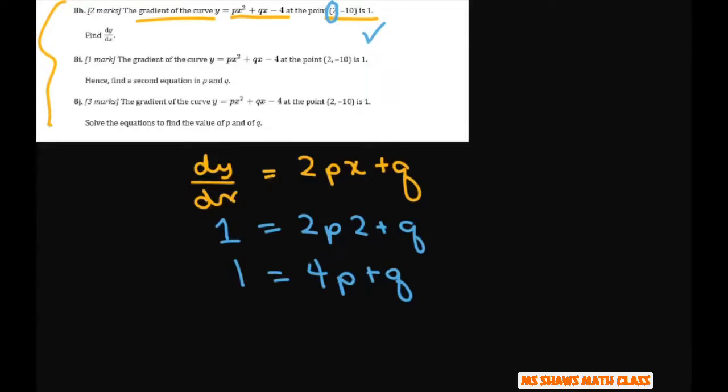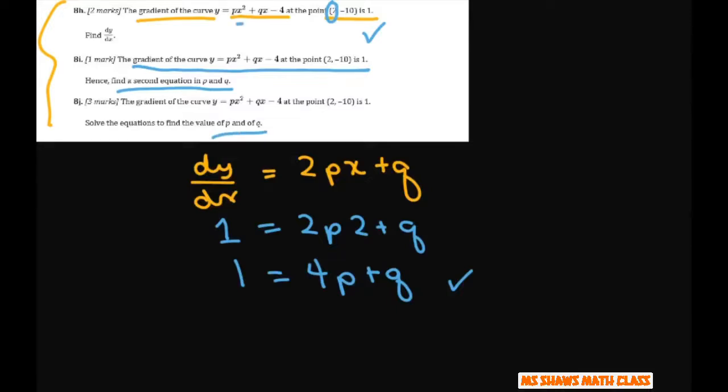And then for the next part, well, we did our derivative first of all. So 1 equals 4p plus q. And then it says the gradient of the curve here is 1. Find the second equation in p and q. So that one's going to be here. And now we have to find p and q. So we're going to set them equal to each other, the two equations we got.